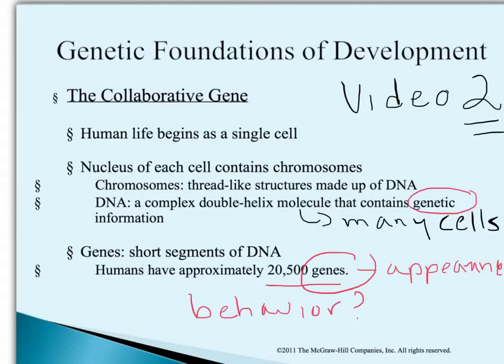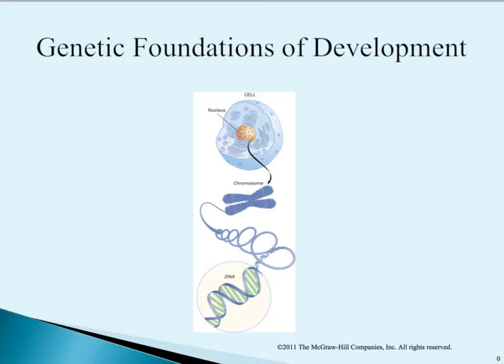So again, take time now to stop and watch video 2. This information is just a review of what I talked you through on the previous slide. The basic building structure for humans is the cell. At the center of the cell is this little tiny nucleus. The rest of the material of the cell protects the nucleus. In the nucleus are chromosomes, and chromosomes unwind to form many, many DNAs.